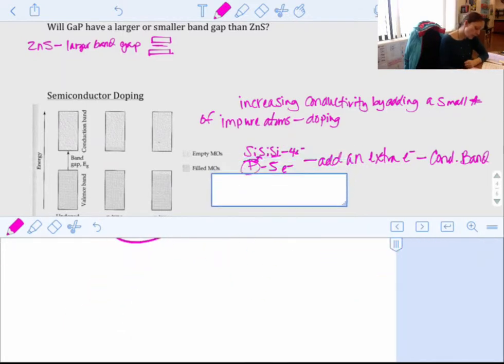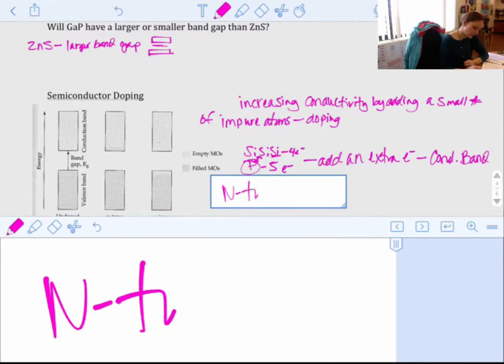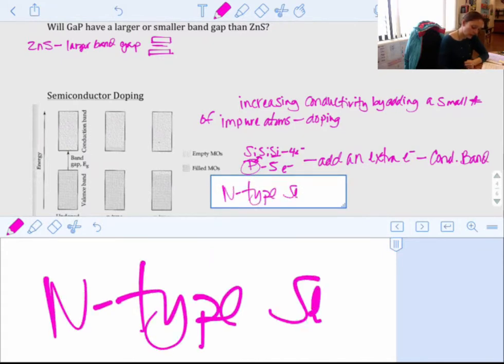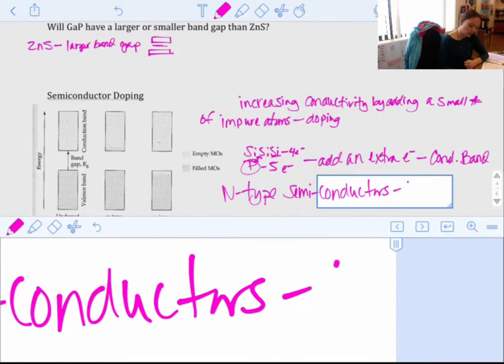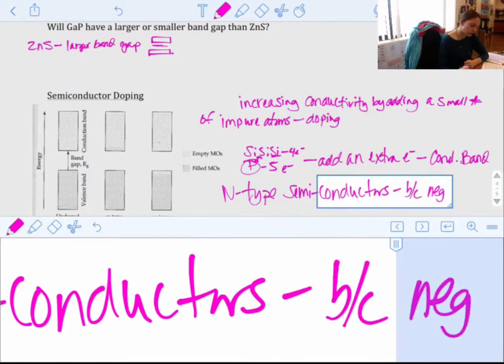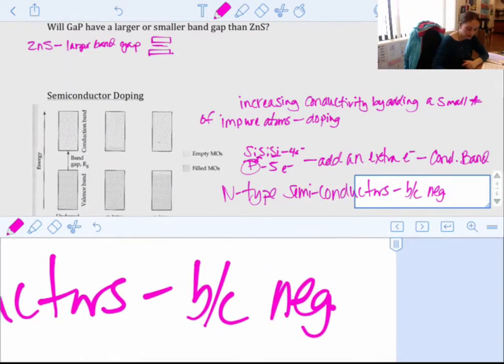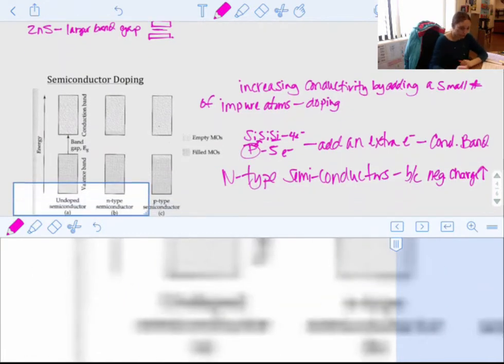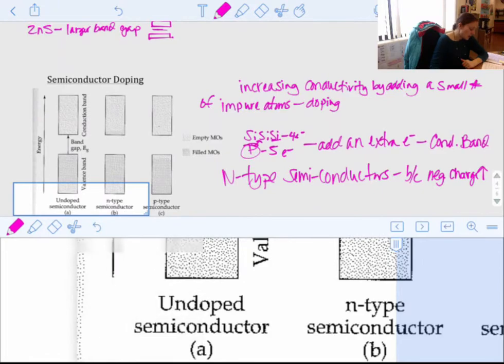Those are called N-type semiconductors, because your negatively charged electrons have increased. The electrons move very easily in the conduction band. That's why it's called the conduction band, because they can move around a lot.